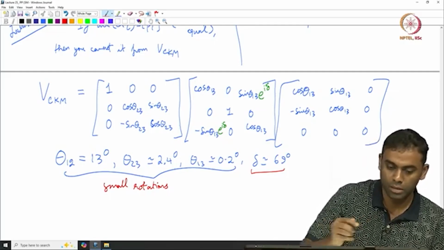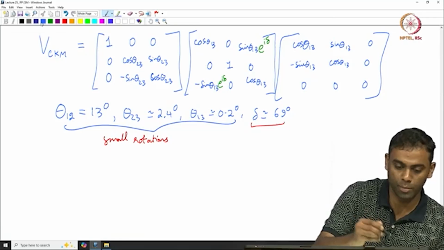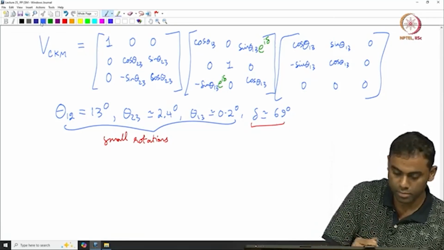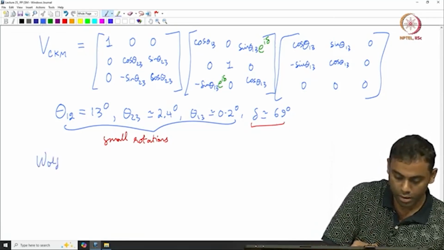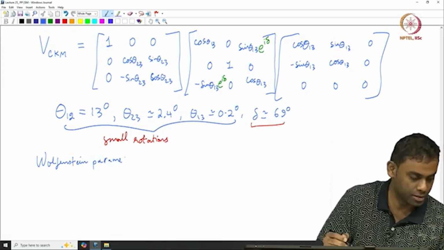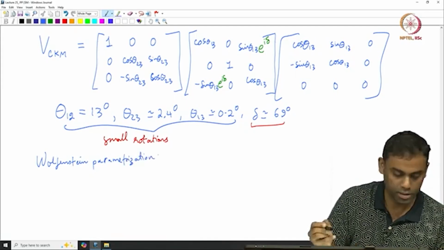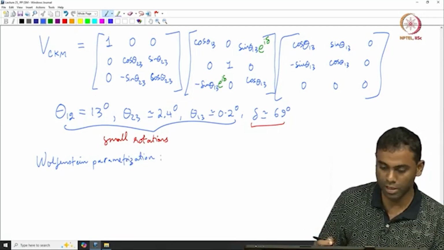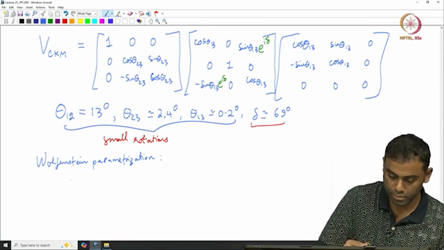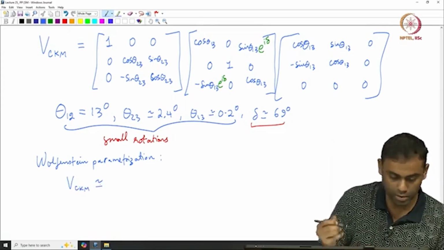This is one way to parameterize the CKM matrix. There is another very popular way to parameterize. It is called Wolfenstein parameterization due to Lincoln Wolfenstein, and that simply goes like this.